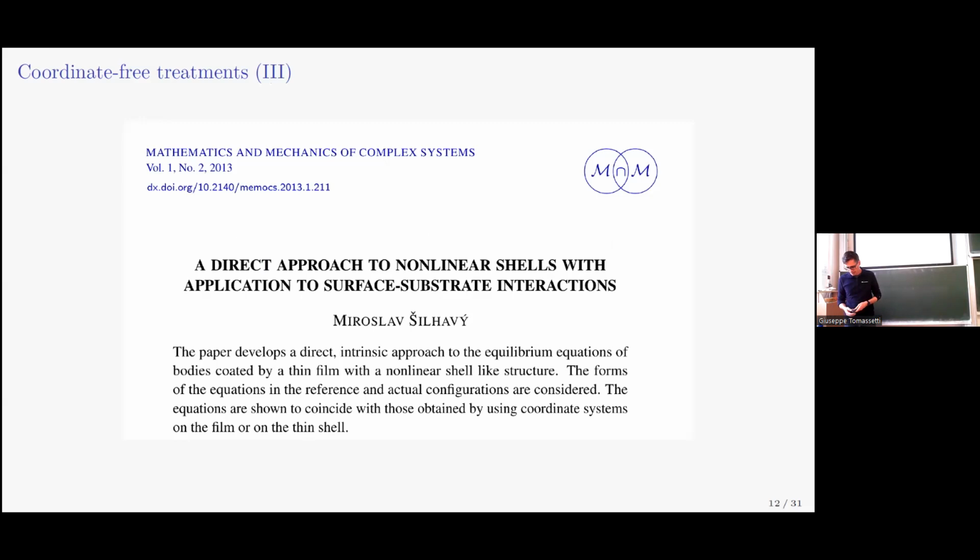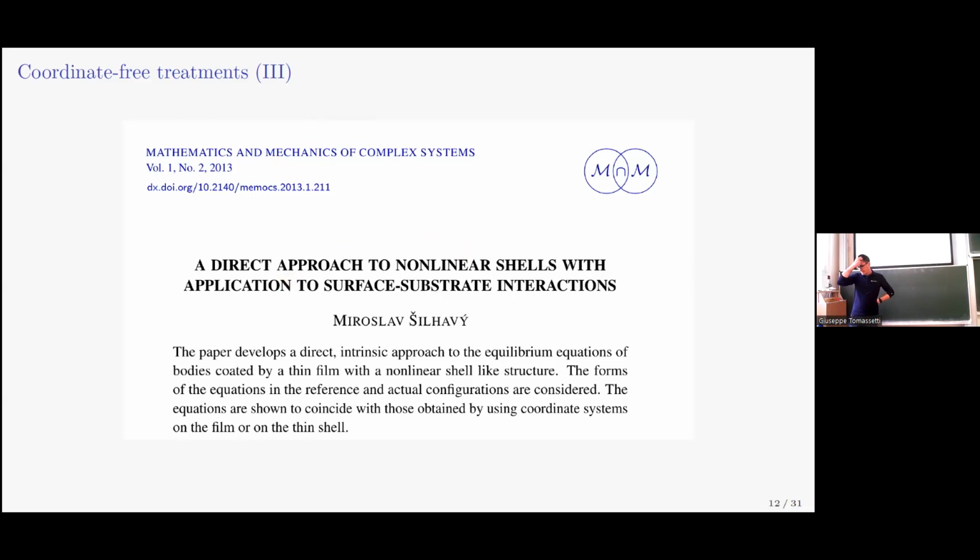And then I found another paper, which is relatively recent, 2013, by Miroslav Šilhavý, who was as unhappy as I was with what you find in the literature for the equilibrium equations for elastic shells, and he derived those equations using a direct approach by energy minimization.